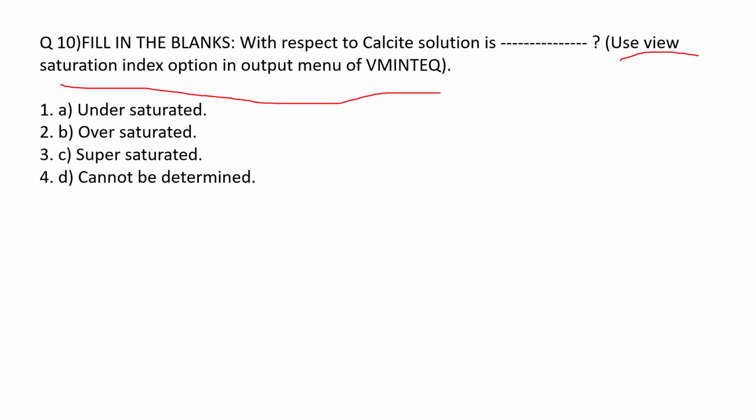With respect to calcite, a comma should be there to make the question clear. The solution which is in equilibrium with the atmosphere is undersaturated, oversaturated, supersaturated, or it cannot be determined. Please have a look at this and let me know how it will be solved. You can take a minute or two for solving this question.